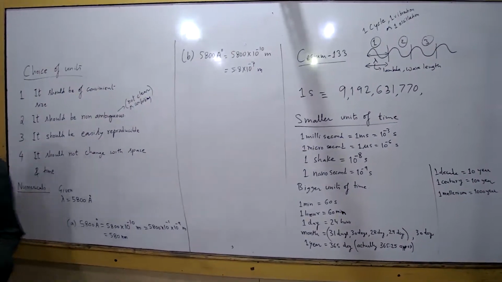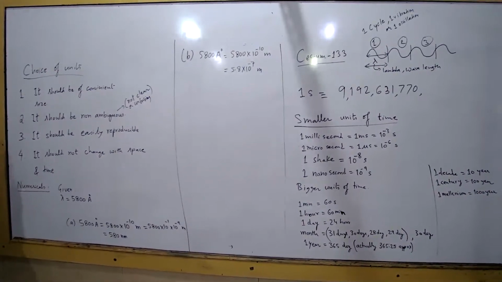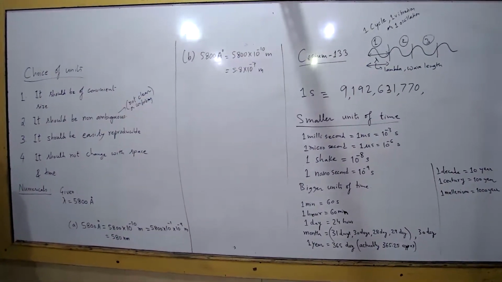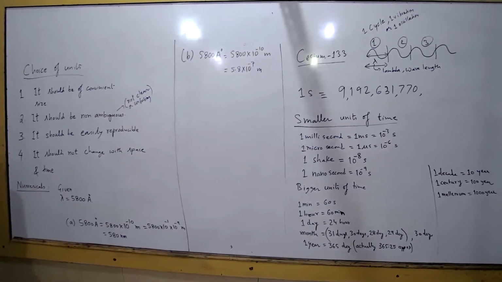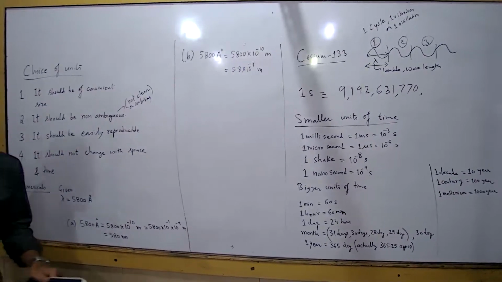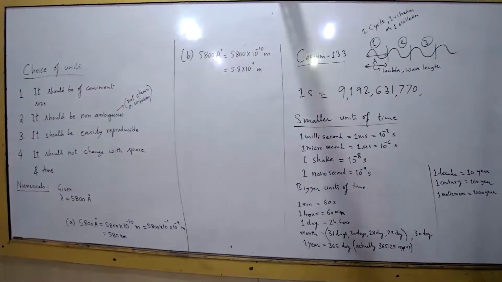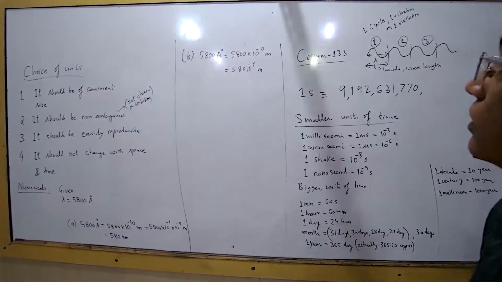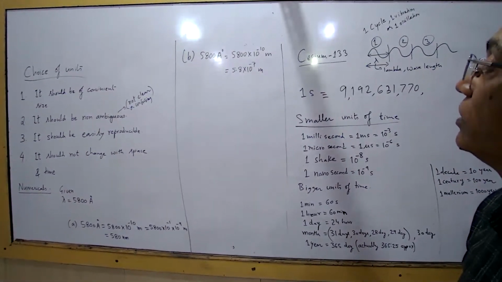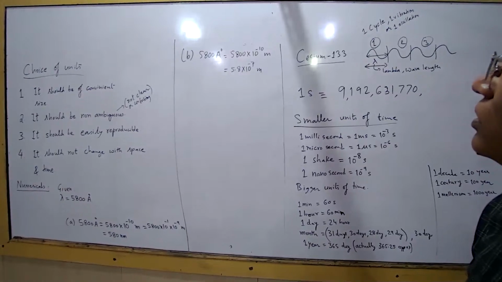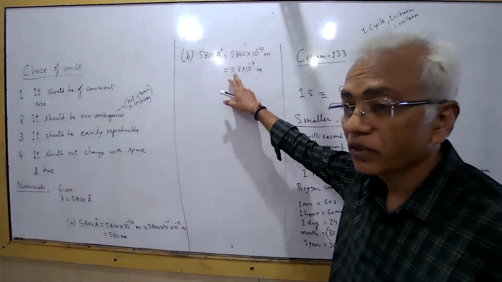Shall we do one more question or will we stop here? Okay, we'll do it in the next class. So can we express it as 58 into 10 raised to minus 8? Generally the good practice is this.